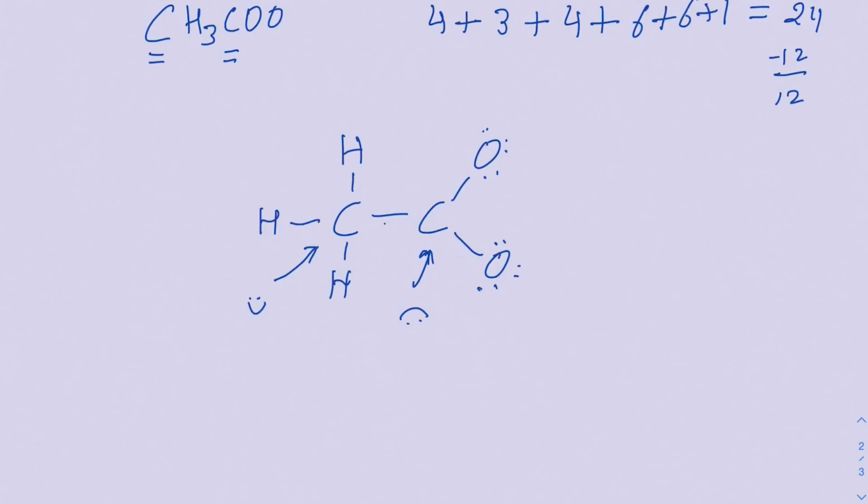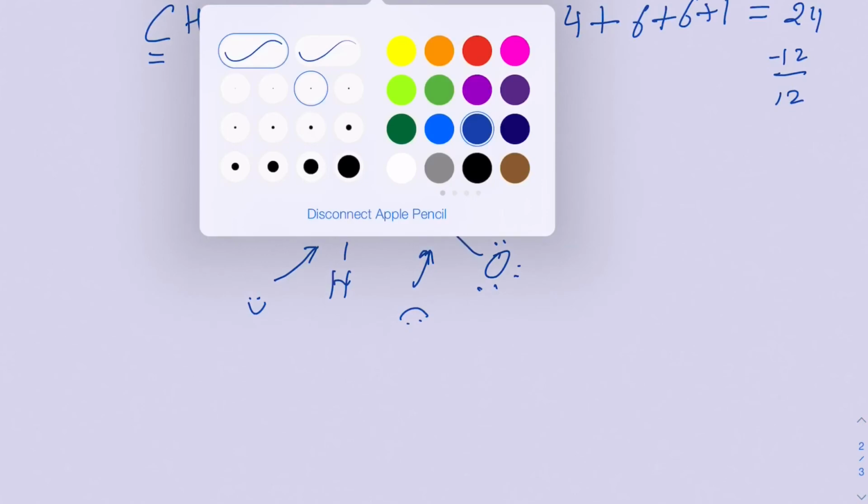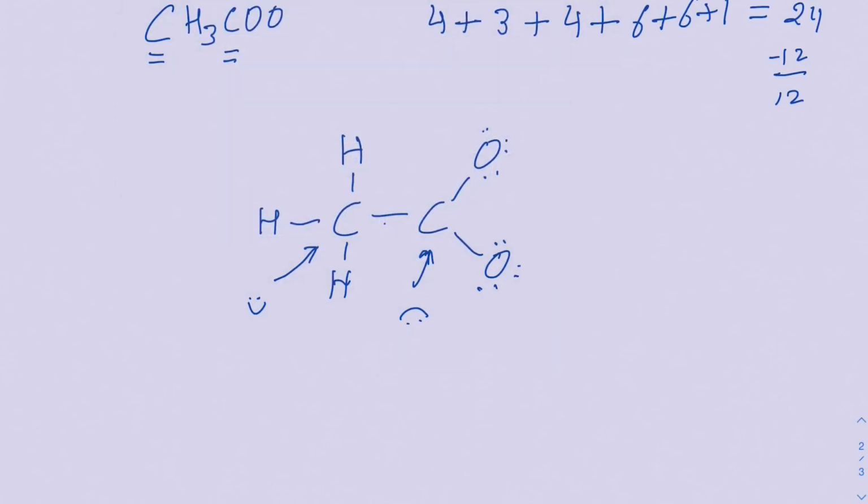So what can be done to make this octet complete? Well, there are 2 possibilities I can do. I can use the lone pair from the top oxygen and then create a double bond like this. So in doing so, my resonance structure would look like this.